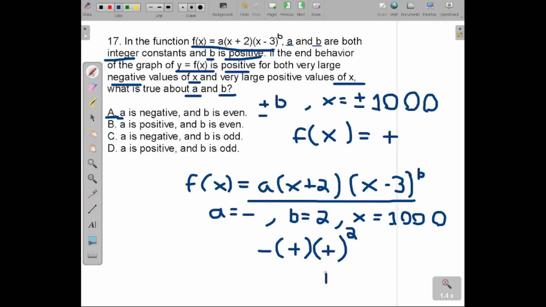Positive to the square is positive. Negative times positive is negative. So this function is negative, which does not satisfy that the function has to be positive. So A cannot be the right answer because the end behavior of this graph y equals f of x has to be positive.